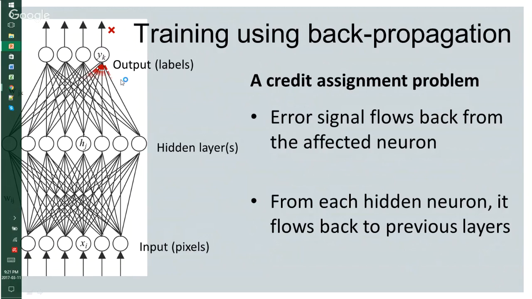Now, if there are multiple hidden layers, then it goes to the nodes of those hidden layers and then to the ones below that and so forth. Ultimately, there are just too many paths to any hidden neuron from the output layer that the error gradient that is sent ends up getting very diluted.